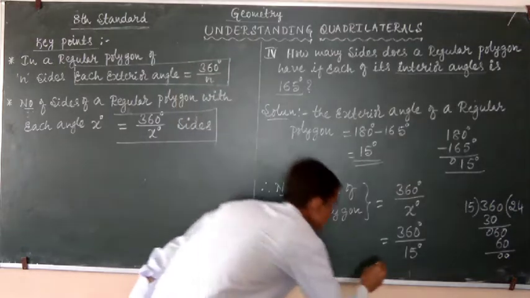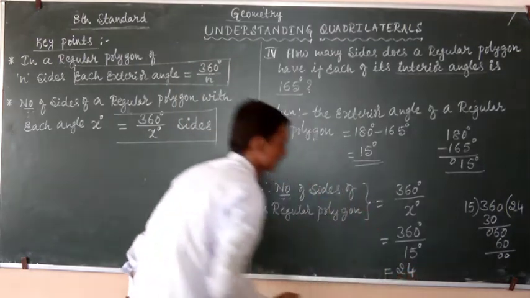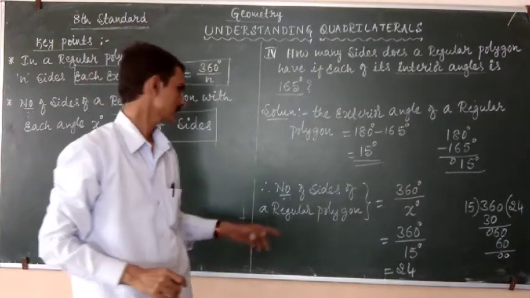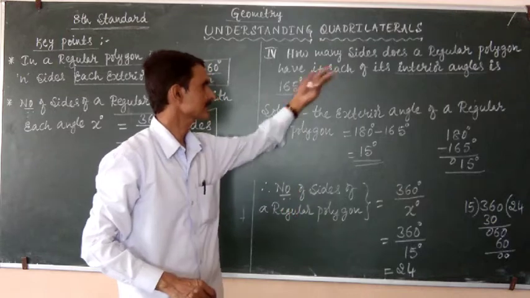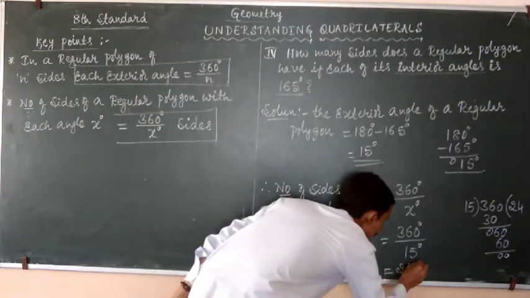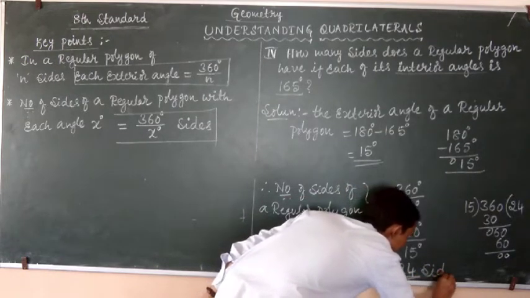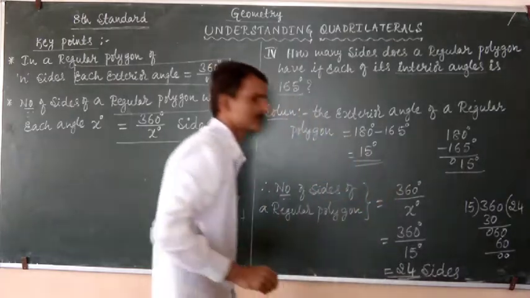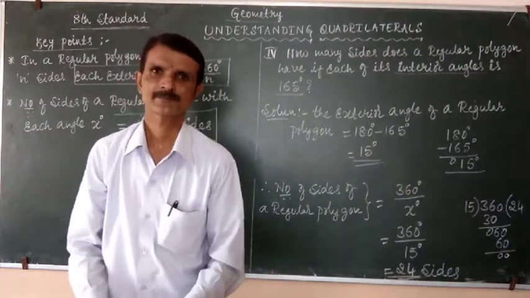Therefore, the answer is 24. That means the number of sides of the given polygon is 24. So the given polygon has 24 sides. Okay, students.